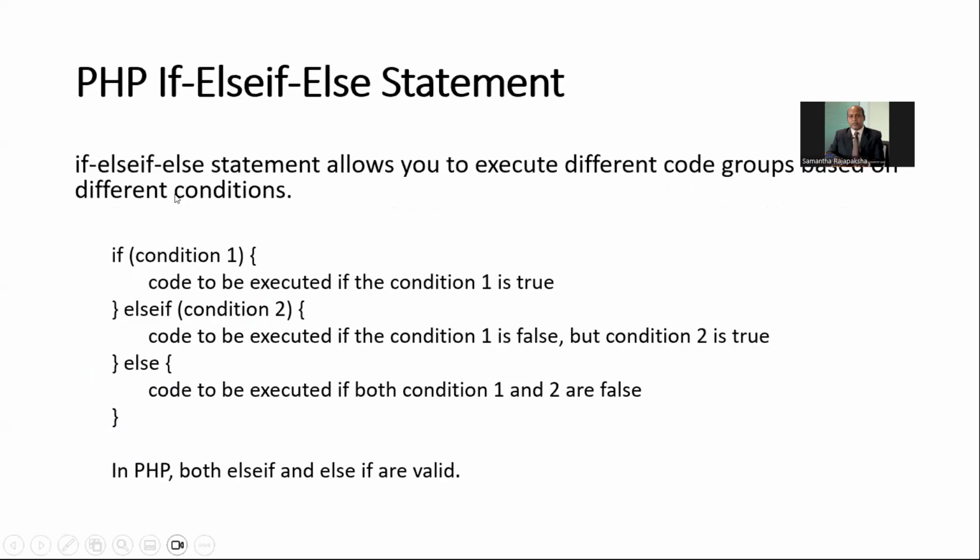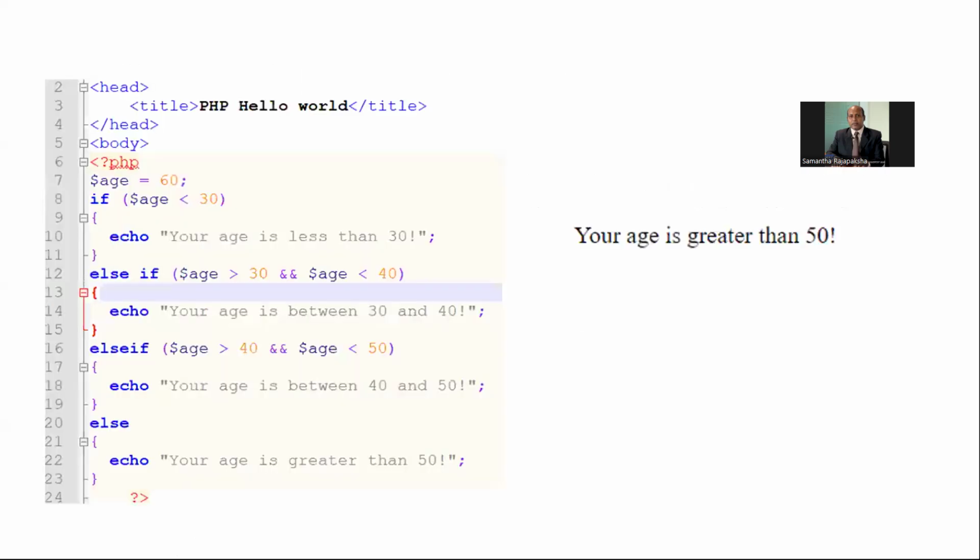You can have multiple if conditions. Else if can actually be used together as one word. As an example here, we take the age as an input. Then you check whether age is less than 30. If it is less than 30, we just say your age is less than 30.